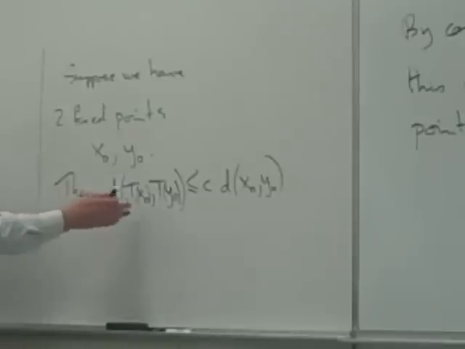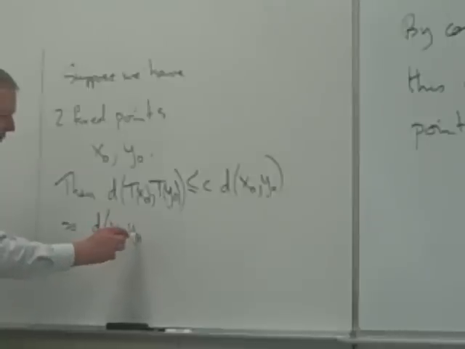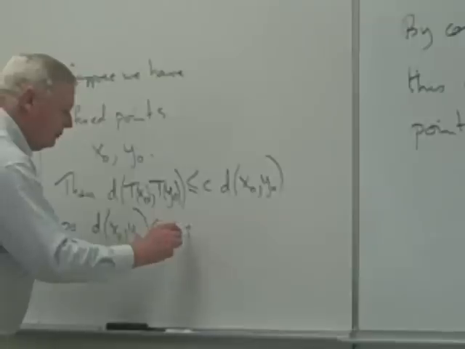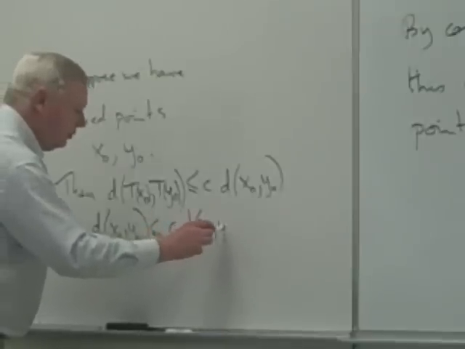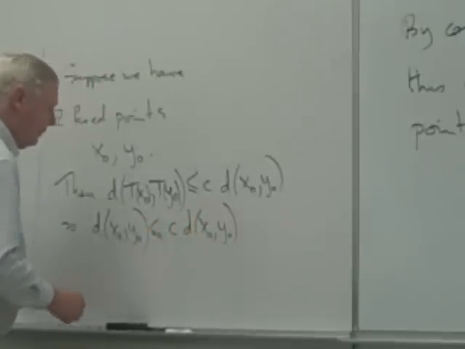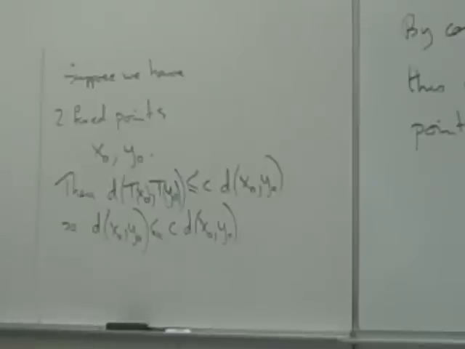But being fixed points, this says that the distance from x0 to y0 is at most c times the distance from x0 to y0. Well, the only number which is less than or equal to c times itself for c less than 1 is 0. So that implies that the distance from x0 to y0 is 0.